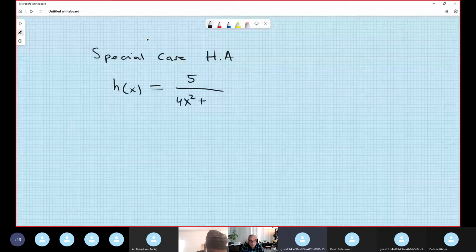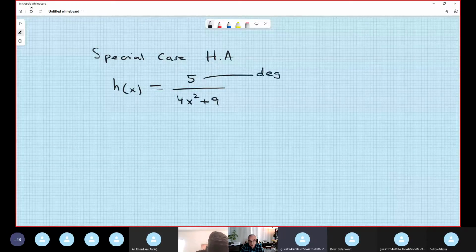divided by 4x squared plus 9. Suppose that function. Okay, we are doing the same analysis of the degree. The degree of this polynomial is 0 because we have no x. However, the degree of this polynomial is 2.